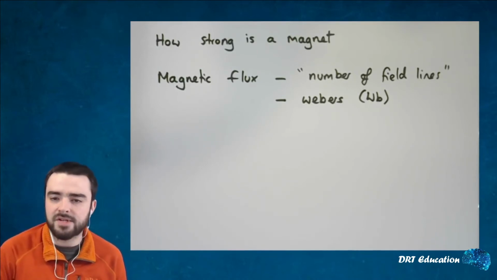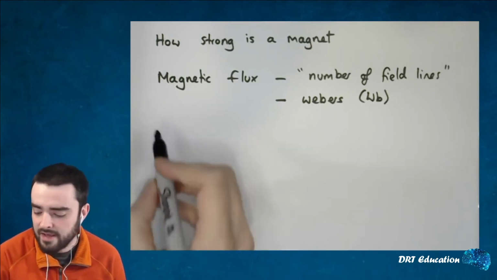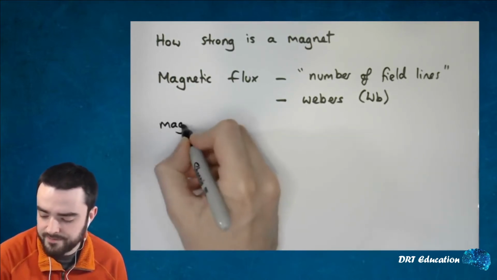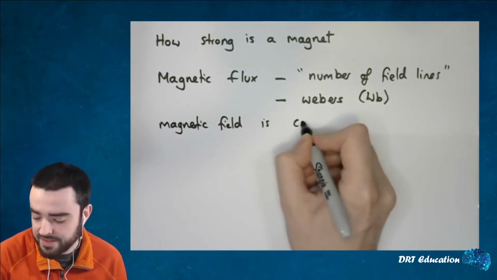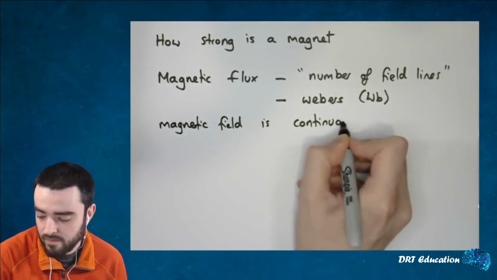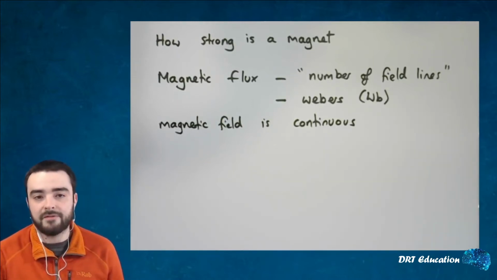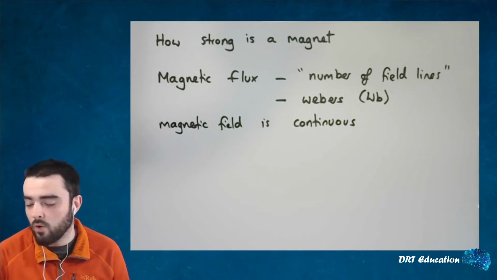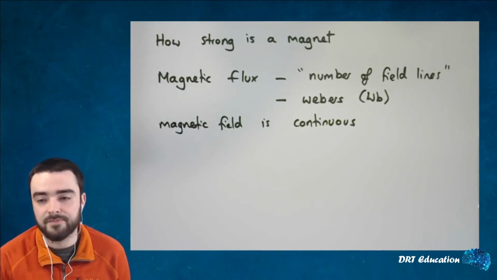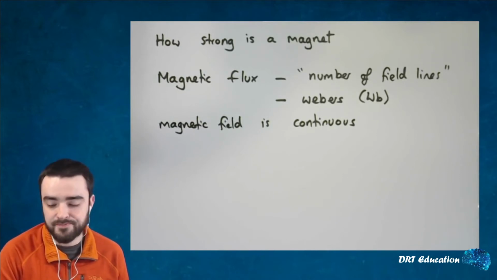Because the magnetic field doesn't actually run along lines, the magnetic field is continuous. Because remember, magnetic field lines and magnetic flux lines, same thing, but all they are is a representation of the magnetic field.